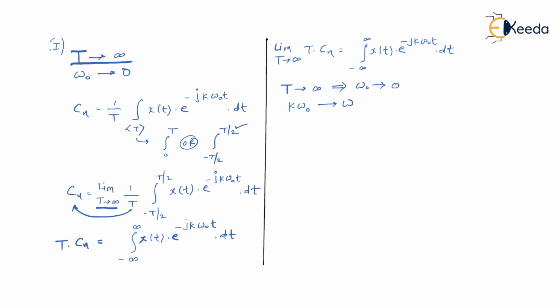You know that when the time period is approaching infinity and omega naught is tending to 0, the frequency spectrum which was initially looking like a discrete structure now becomes continuous, because the spacing between two consecutive samples in the frequency spectrum is reduced to that level that it is no more a discrete structure. It becomes an absolutely continuous structure. So when it is continuous, we cannot write k omega naught. We should write omega.